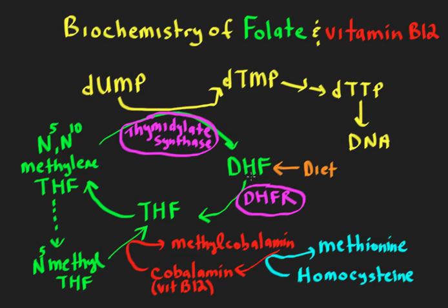If you had a problem with your folate, either a dietary deficiency or you weren't absorbing it, this cycle would be depleted and thymidylate synthase wouldn't be able to do its thing and you wouldn't make DNA, and then you'd end up with this megaloblastic anemia. So you can have a problem with the diet, a problem with absorption, as a couple of examples for folate deficiency.